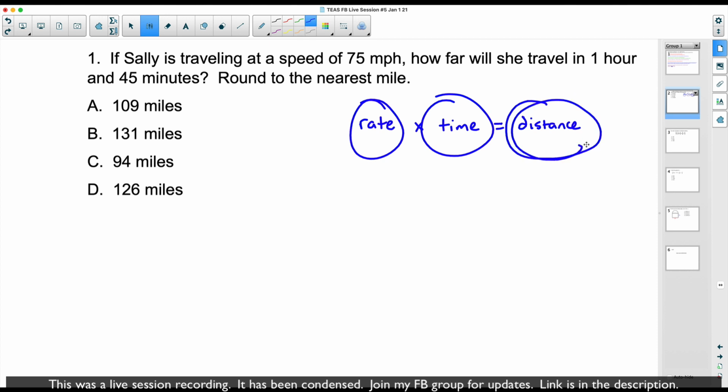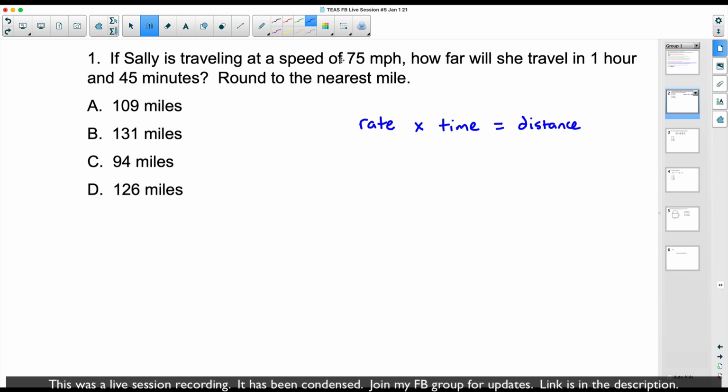It's the same concept. So Sally is traveling at a speed of 75 miles per hour. That's going to be the rate, the speed. And it says, how far will she travel? There's our question. This is what we're trying to find, the distance. How far will she travel in 1 hour and 45 minutes?